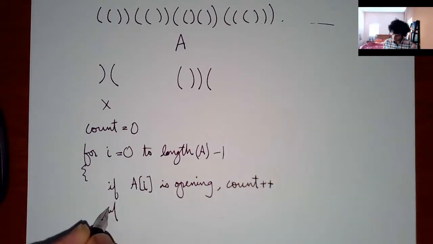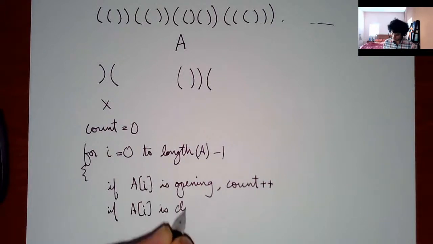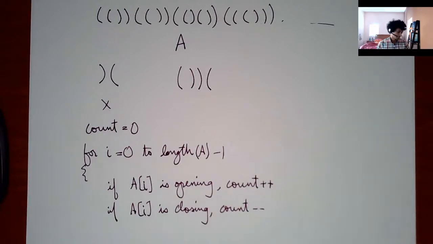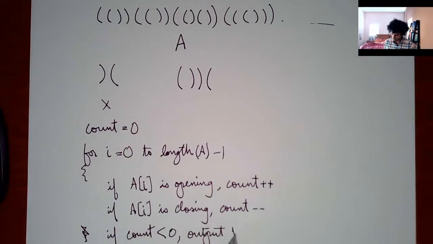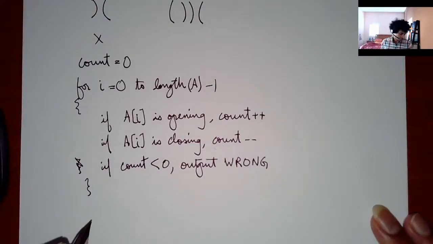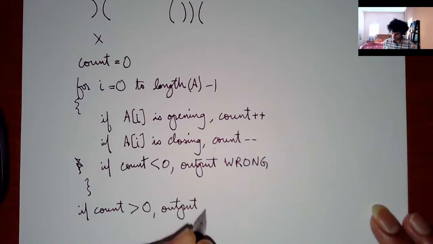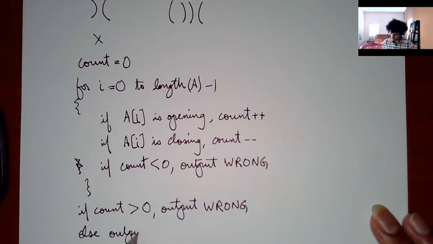If A of i is closing, count minus minus, and I should add this extra condition in here. If the count is less than 0, then you can output wrong. And finally, if the count is greater than 0, output wrong, else output right.